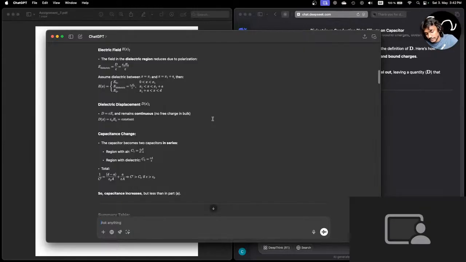Now, this dielectric displacement. Dielectric displacement is what?